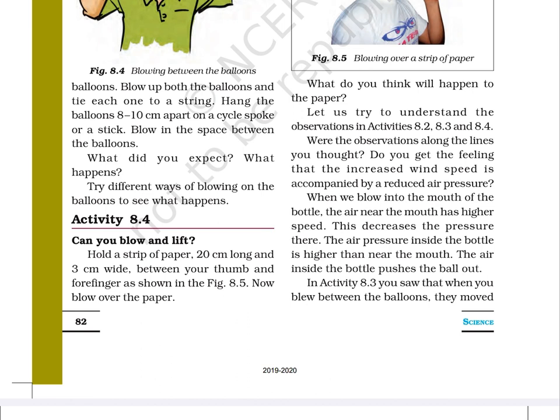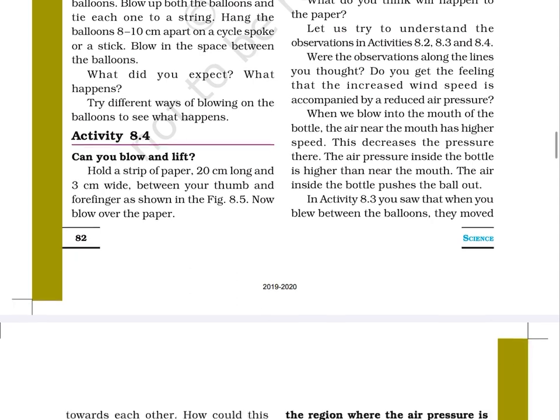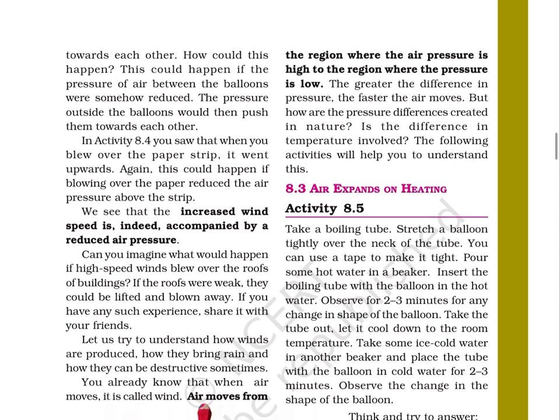In activity 8.3, you saw that when you blew between the balloons, they moved towards each other. Page 83. How could this happen? This could happen if the pressure of the air between the balloons were somehow reduced. The pressure outside the balloons would then push them towards each other.